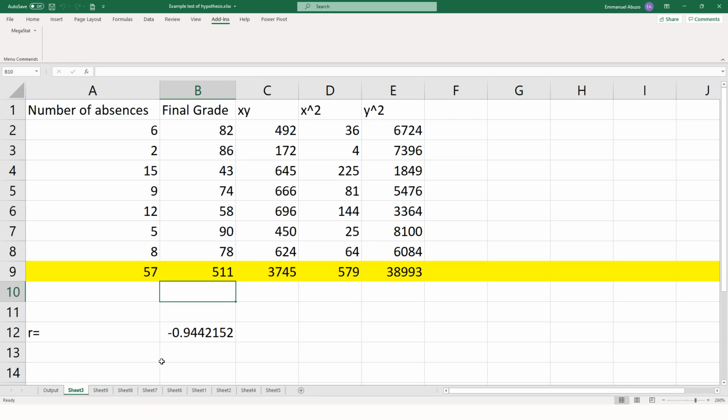So take note that for our A, we have the formula: the summation of y times the summation of x squared. So that is the equal sign. Then we have the summation of y, the final grade, times x squared.